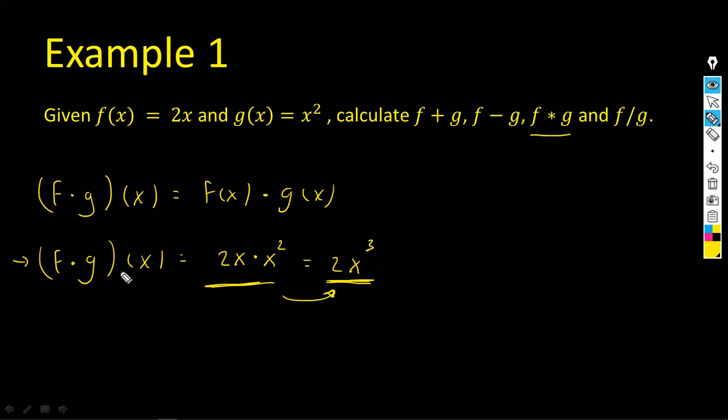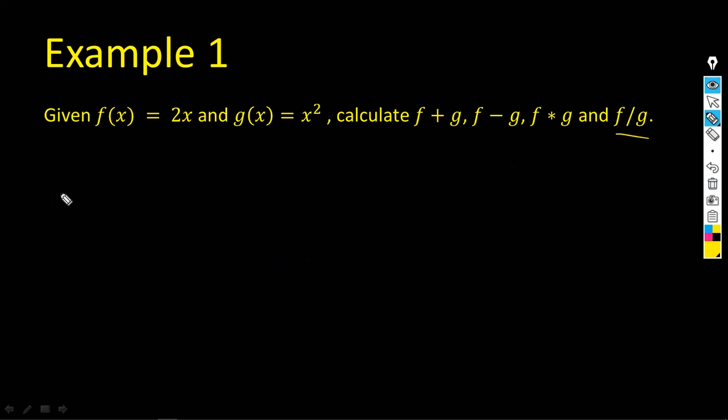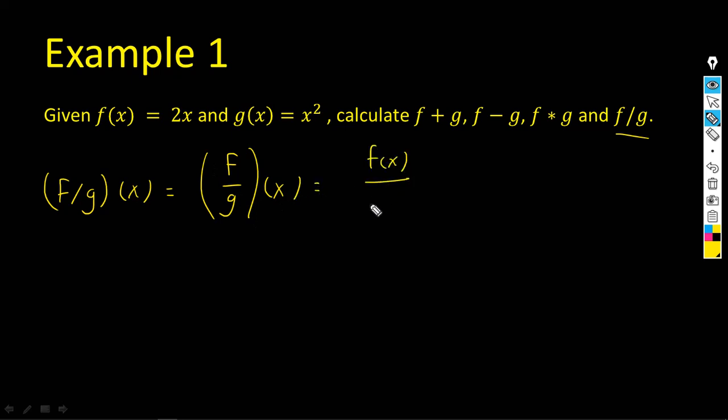Okay, so that is f times g. And finally, f over g. f over g of x, or also written in this way, f over g of x is f of x over g of x. So let's do it. f over g of x is equal to f of x, which is 2x, over g of x, which is x squared.